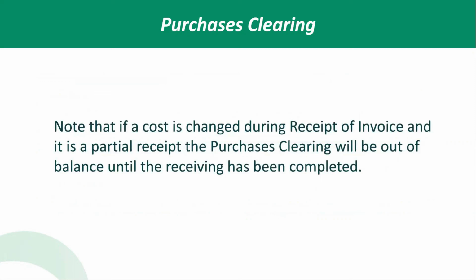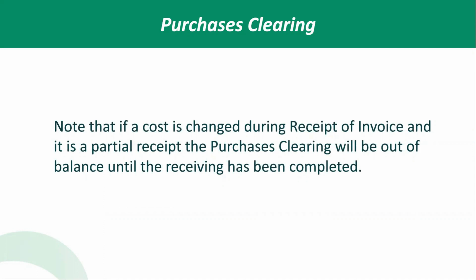And one more important note, there is an exception. There is a valid reason why your purchase clearing report will not balance to the general ledger. If you do a receipt of invoice and it's a partial receipt, so let's say you had 10 on order, but you've only gotten an invoice for 5 of them.